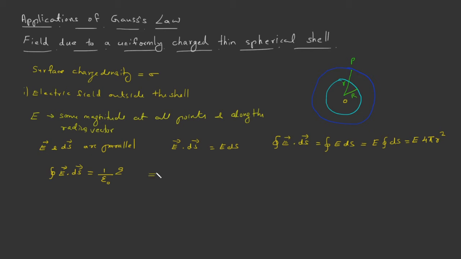We know closed integral E dot ds is equal to E into 4 pi r square, and that is equal to 1 by epsilon 0 times q, if q is the charge inside the Gaussian surface.